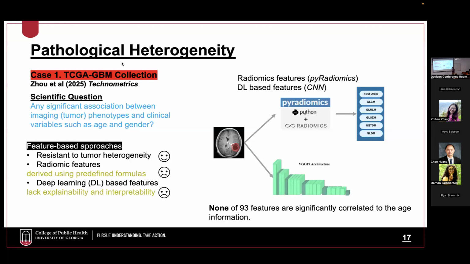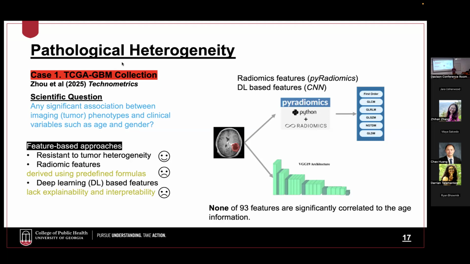But unfortunately, no matter whether it is the radiomics features or the deep learning-based features, for none of these features can we find significant correlations between these tumor features and the aging information.